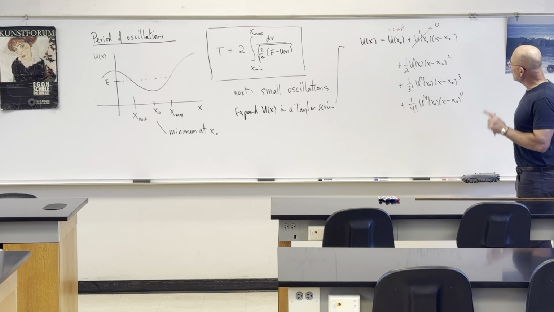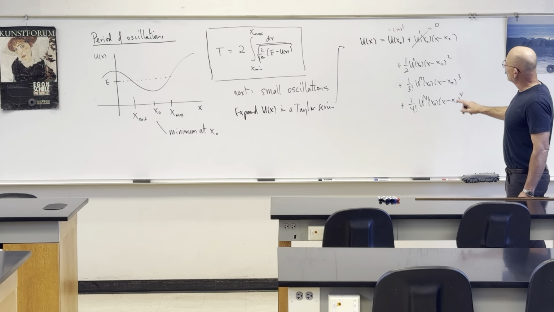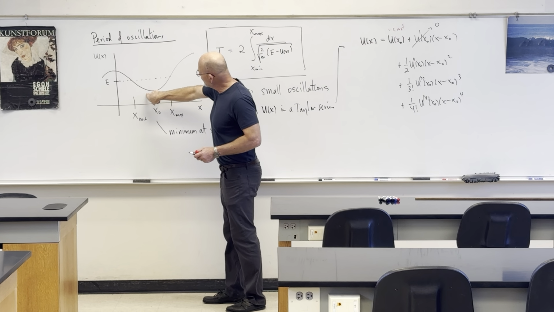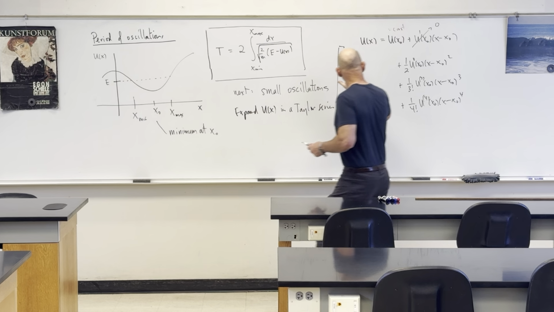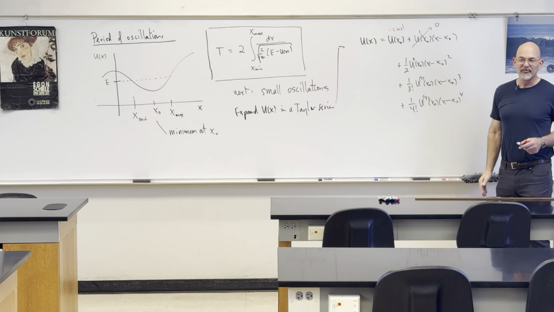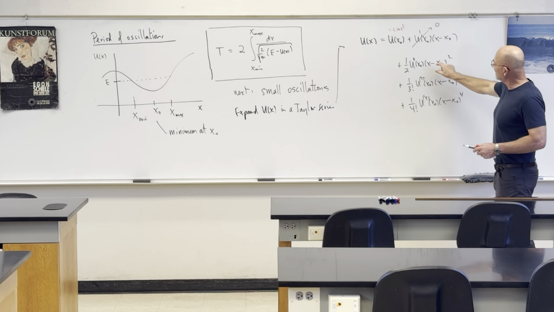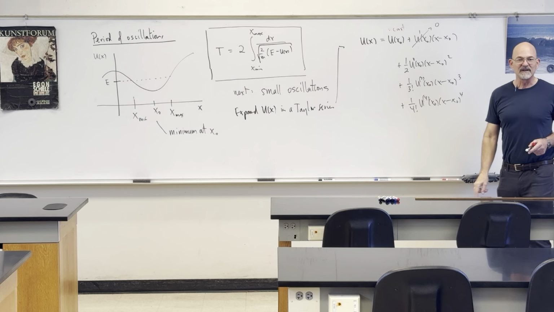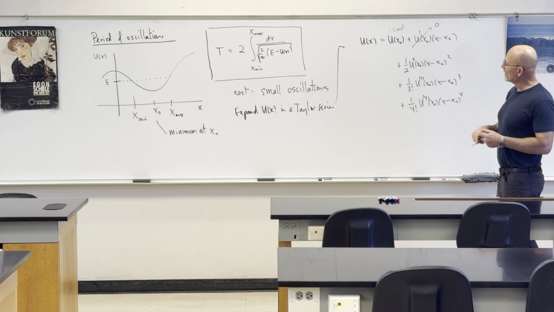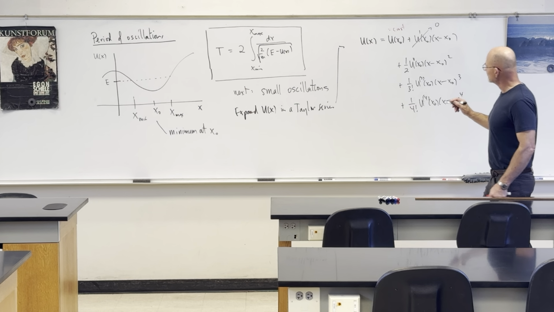So small oscillations are when your amplitude is so small that all of these higher orders are negligible. And that can always be done by making x minus x naught sufficiently small. Okay? So that's a matter of judgment and a matter of the particular case here.